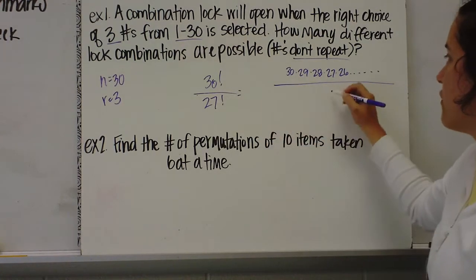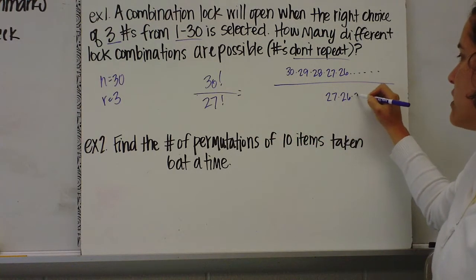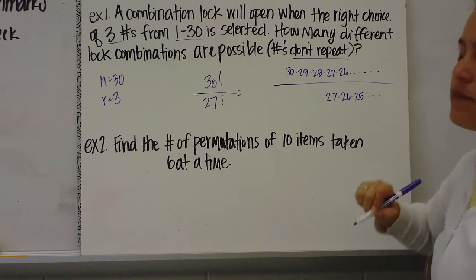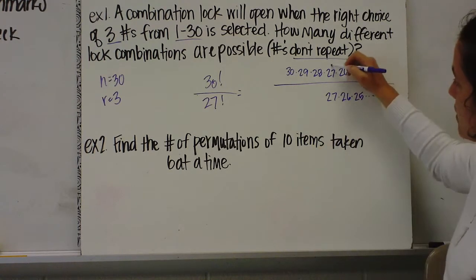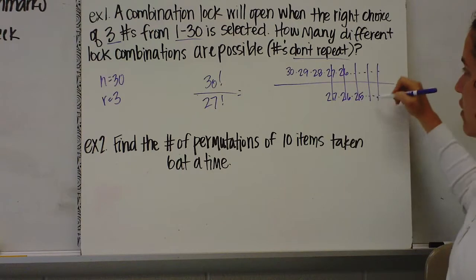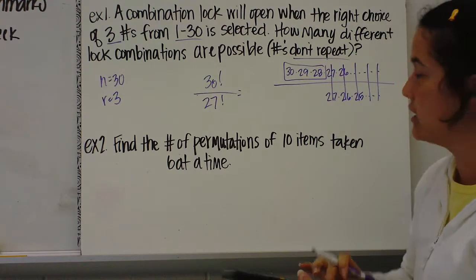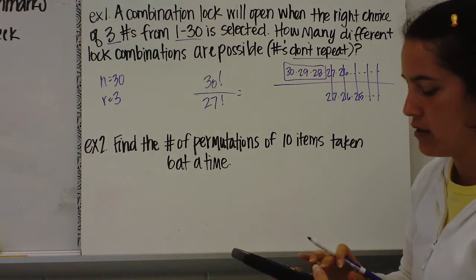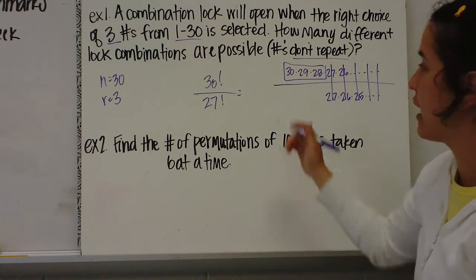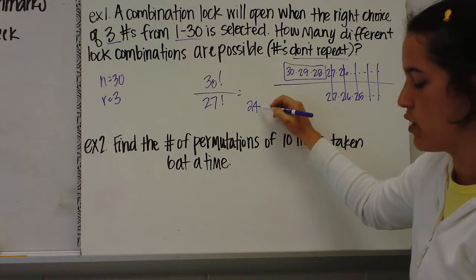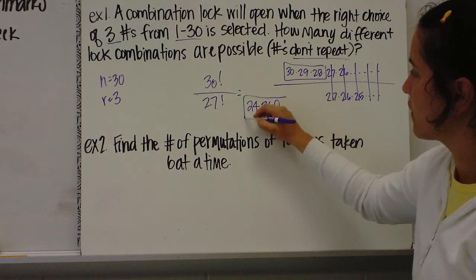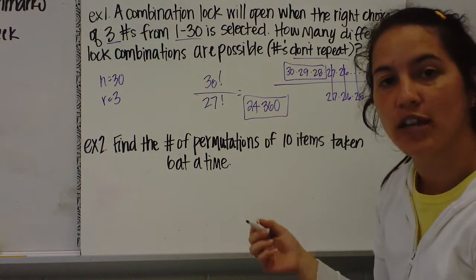Divided by 27 factorial, so 27 times 26 times 25 and all the way down. Hopefully you see that these numbers are going to cancel. So the only numbers we have left are those 3. You can type in 30 times 29 times 28 and we get 24,360. Those are how many different permutations you can make.